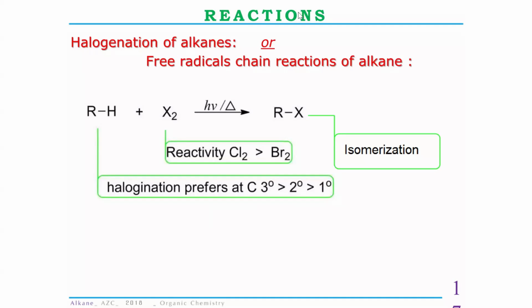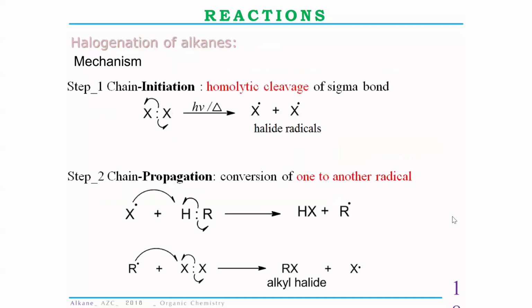Halogenation occurs at tertiary carbon, then secondary carbon, and then primary carbon. It means that halogenation is highest at tertiary carbon, followed by secondary carbon, and lastly primary carbon.